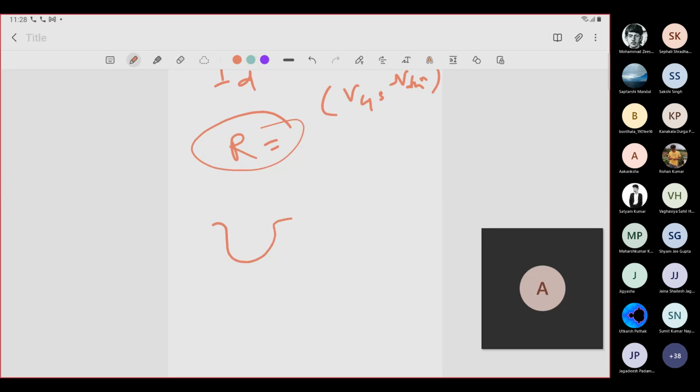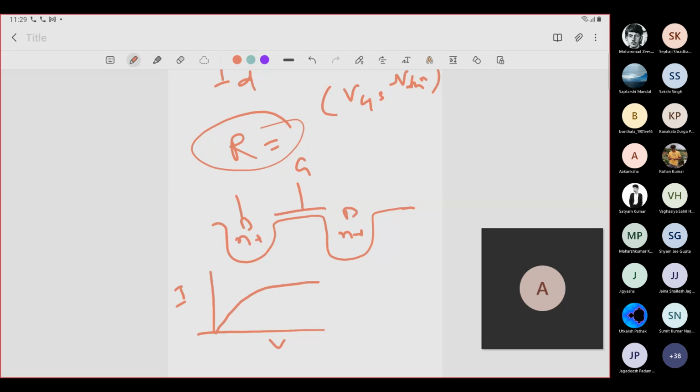Suppose you take an NMOS device, N plus, N plus. This is your source and drain, and this is your gate potential. If you go with the I-V characteristics and draw the current, then whether you are operating in the saturation region or in the linear region.